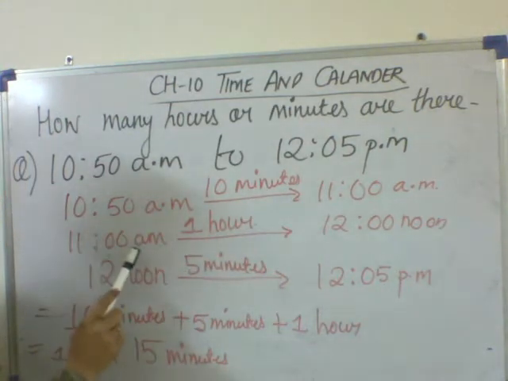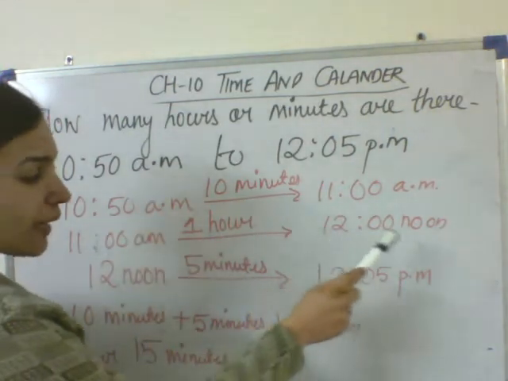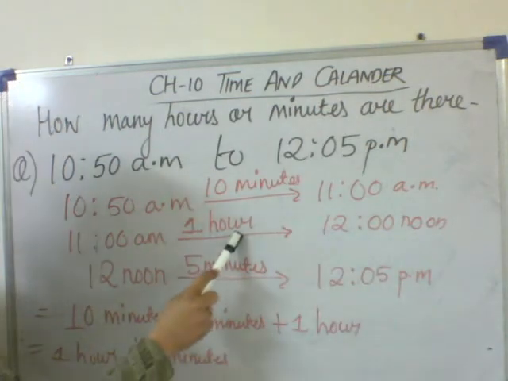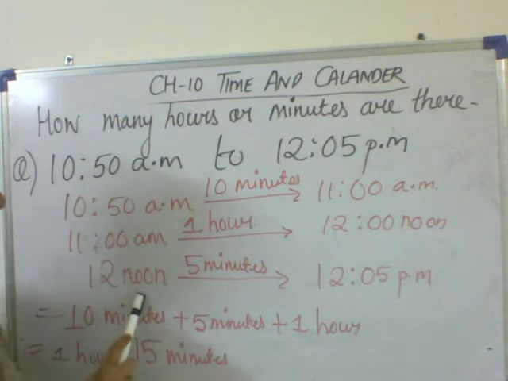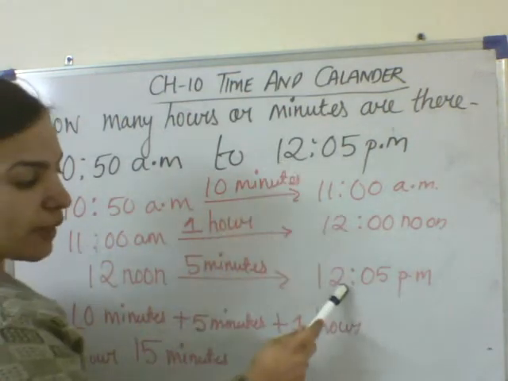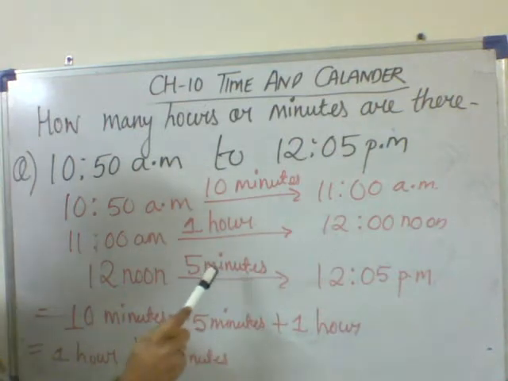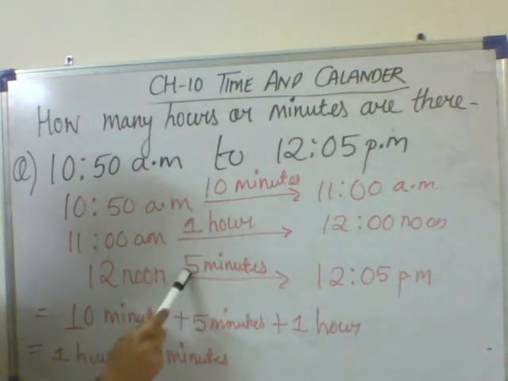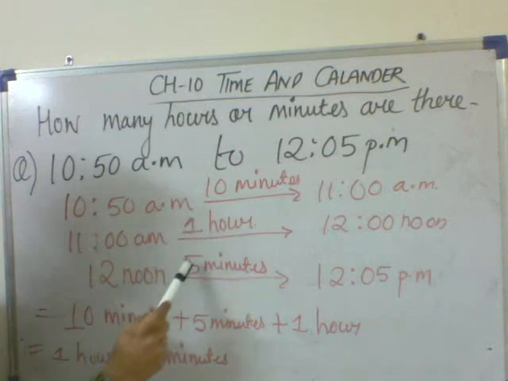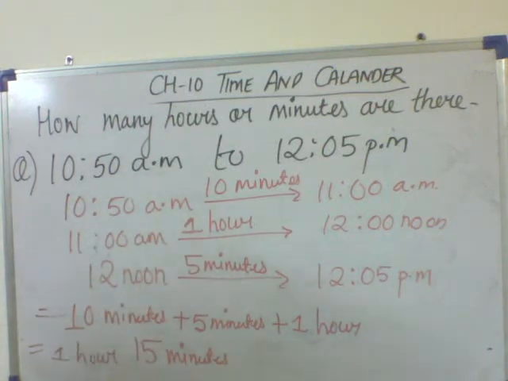Then from 11 a.m. to 12 noon, 1 hour gap is there. And from 12 noon to the last timing 12:05, 5 minutes gap is there. Now we have to add all this. 10 plus 5 is 15. So 1 hour 15 minutes is the time elapsed between these two clocks.